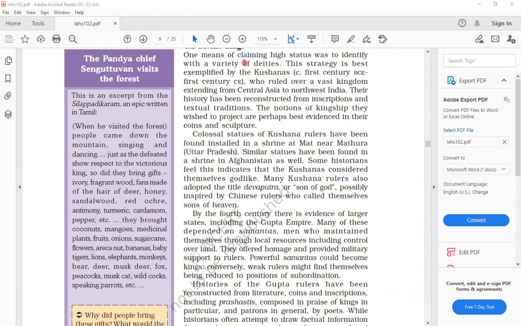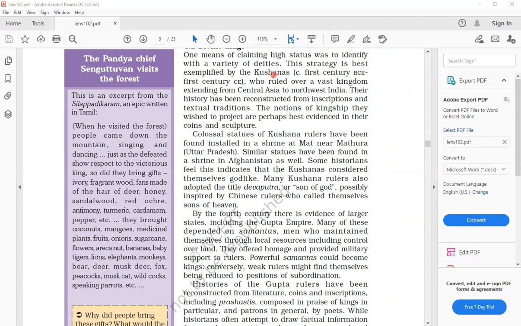So here we are being told about the Kushanas and the Gupta Empire. The Kushanas were ruling from the 1st century BCE to the 1st century CE, and they ruled over a vast kingdom extending from Central Asia to Northwest India, and they have their statue in Mat near Mathura.